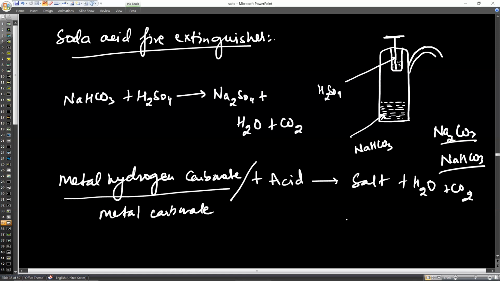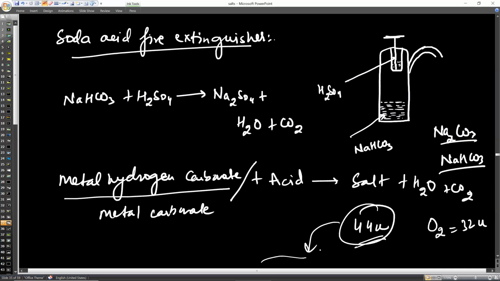Why? Because the molecular mass of carbon dioxide is 44 u, and that of oxygen is 32 u. Since it is heavier than oxygen, it will remove the oxygen from the fire and form a layer of carbon dioxide which will extinguish the fire.